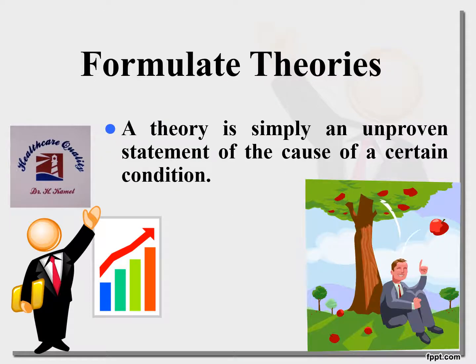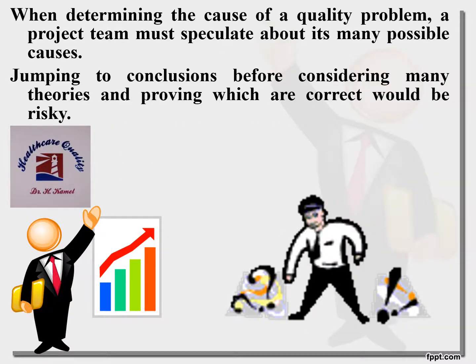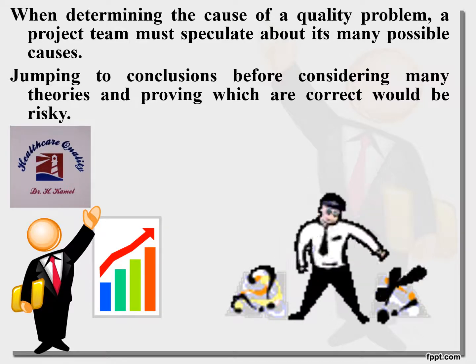Formulate theories. A theory is simply an unproven statement of the cause of a certain condition. When determining the cause of a quality problem, a project team must speculate about its many possible causes.